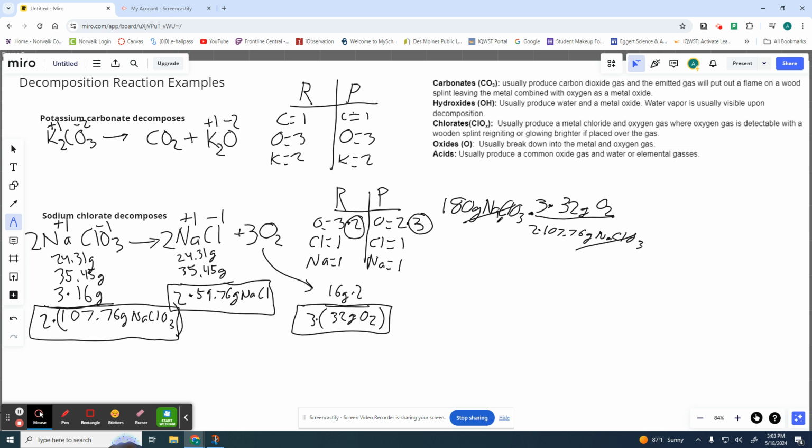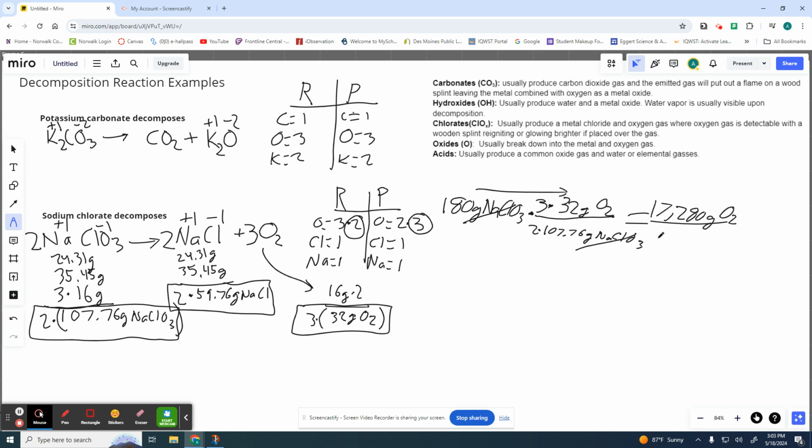If you multiply across the top, and then you multiply the bottom, I want to see 2 steps of simplification here. If you go across the top, you should see that you get approximately 17,280 grams of oxygen.